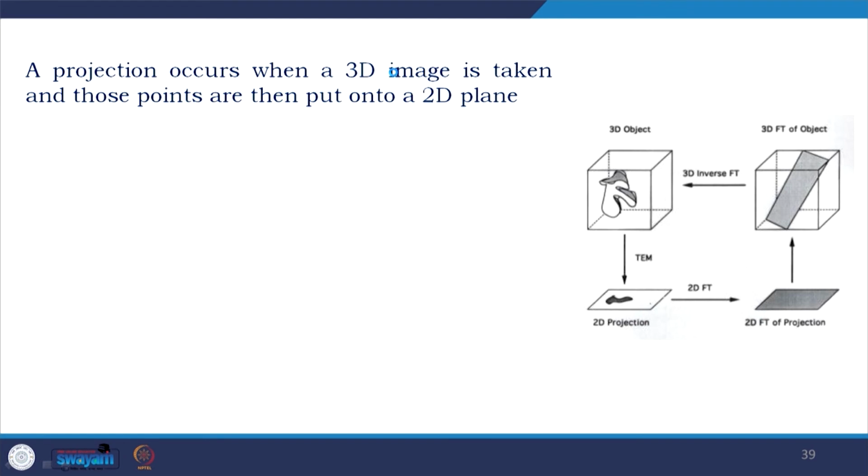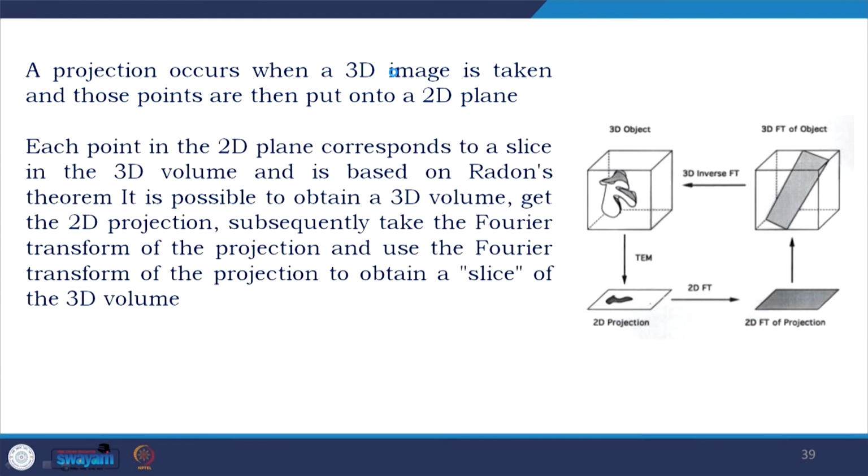A projection occurs when a 3D image is taken and those points are then put onto a 2D plane. So, we take a 3D object and then the points are put into the 2D plane. Now, what happened? Each point in the 2D plane corresponds to a slice in the 3D volume and, based on Radon's theorem, it is possible to obtain a 3D volume: get the 2D projection, subsequently take the Fourier transform of the projection and use it to obtain a slice of the 3D volume.